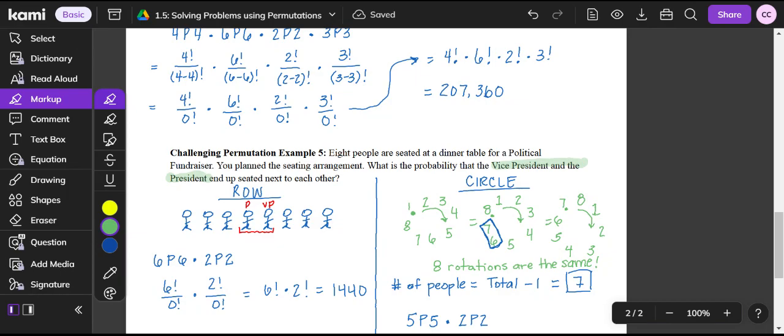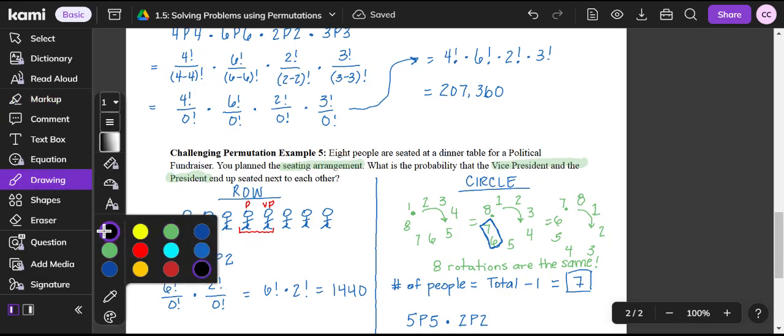The next clue that we have is a seating arrangement. Seating arrangements are almost always permutations because you can only put one person in one chair. And the second you start arranging people into different chairs, now all of a sudden, which chair they sit in matters.